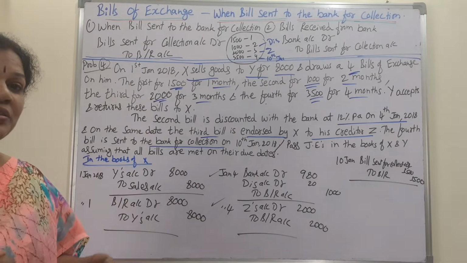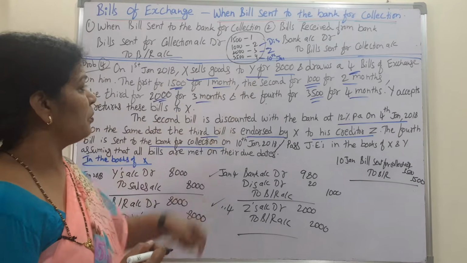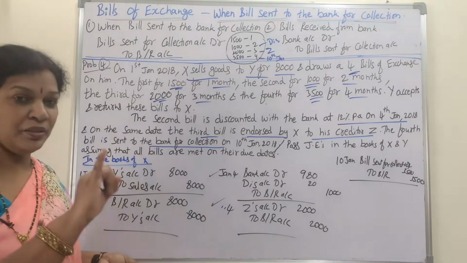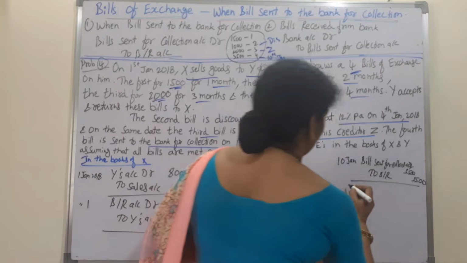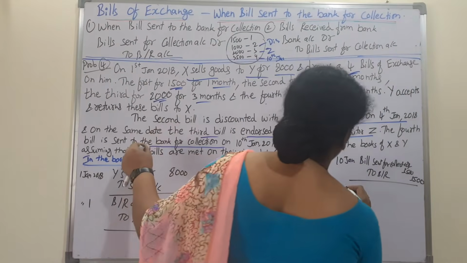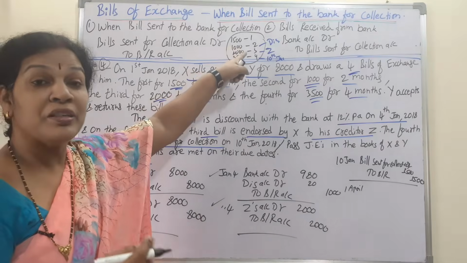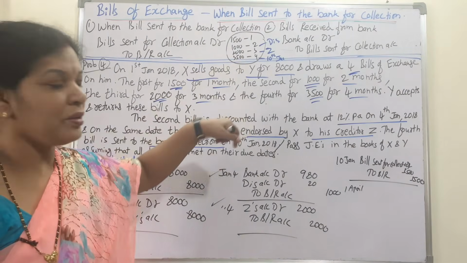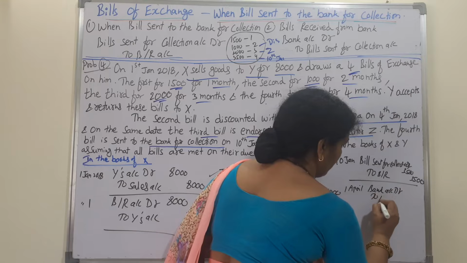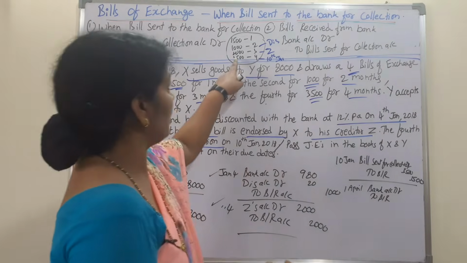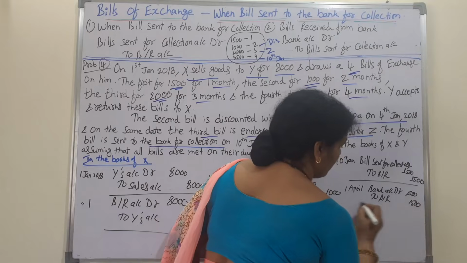Due dates: the first bill is a 4-month bill. Four months from January means February, March, April, so 1st April. The first bill is received. When receiving the bill, bank account is debited to bills receivable account, 1500. The first bill amount we are receiving.